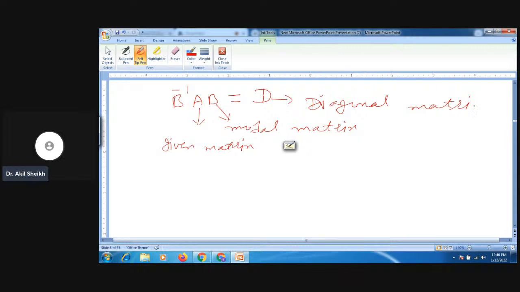We know very well that the diagonal matrix contains as its diagonal elements the eigenvalues.